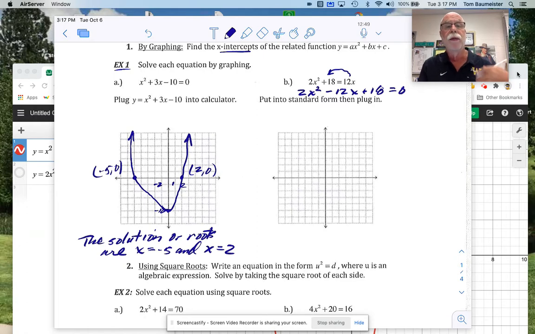But again, remember, I told you to set it equal to y. So plug y is equal to 2x squared minus 12x plus 18 into your calculator. And I did already set that up here first.